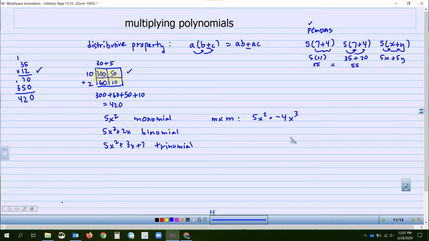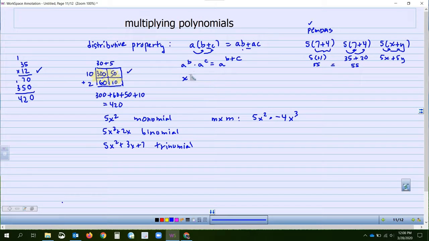I guess there's one more thing I should have revisited before we got to this, and that is the product rule for powers. So the product rule. So if I have a to the b times a to the c, do you remember what the answer is going to be? It's going to be a to the, is it b times c? No, it's what? B plus c, right?